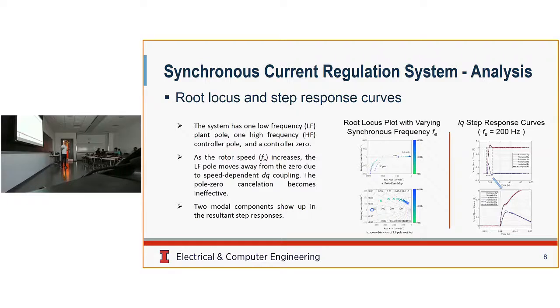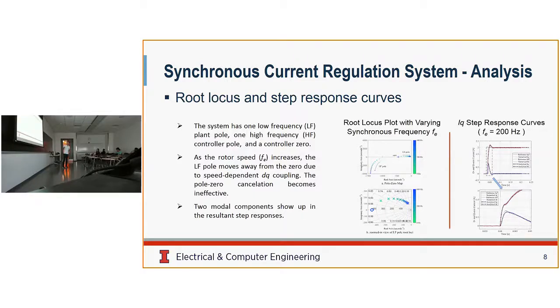So we can calculate the poles and the zeros for this system, and this plots the root locus of this system. And you can see that there are 2 poles and 1 zero.